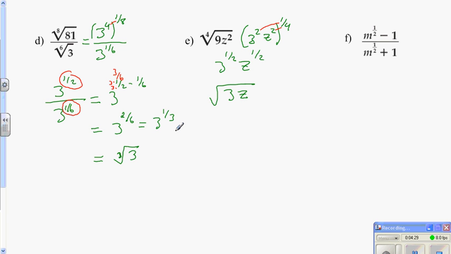All right, now we will do f. This is similar to the one I skipped on the last page, so we'll do this one first. This is a binomial, so we're going to have to multiply by its conjugate.